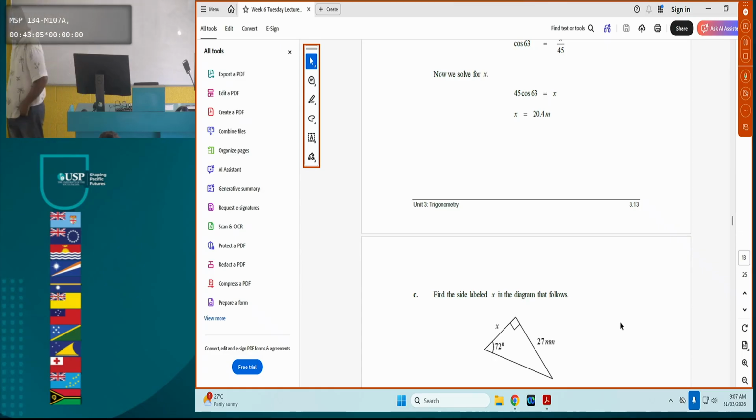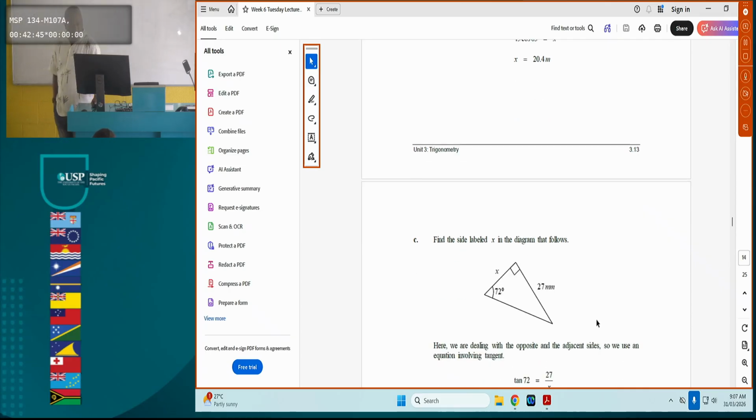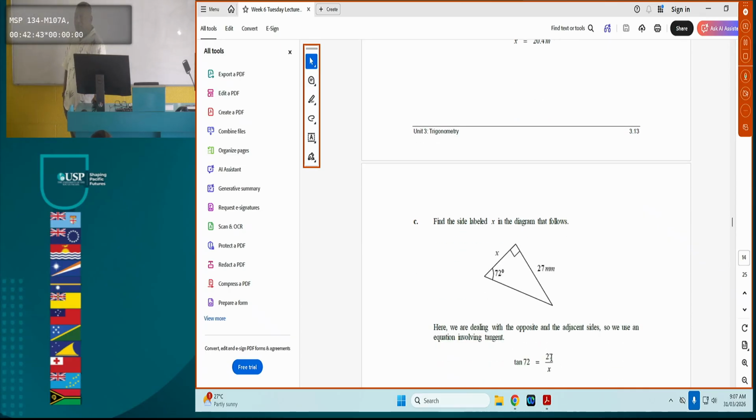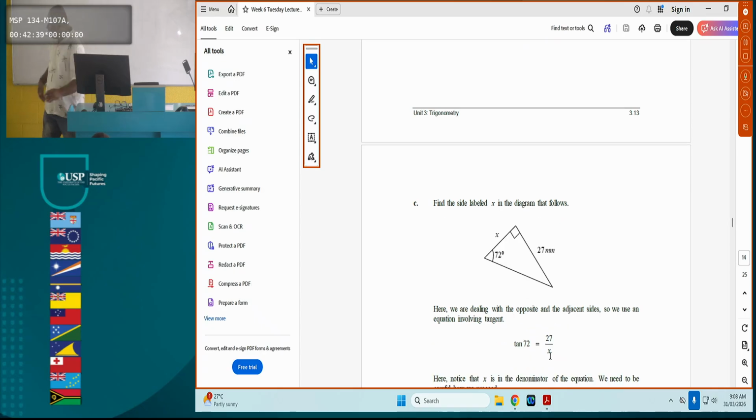Here's another example. Angle is involved. Which sides are we using? O and A. Agree? Opposite side, adjacent, O and A. So which of the three do we use? TOA. Tan of the angle is 27 over x. Now this type is tricky because you see x is in the denominator.